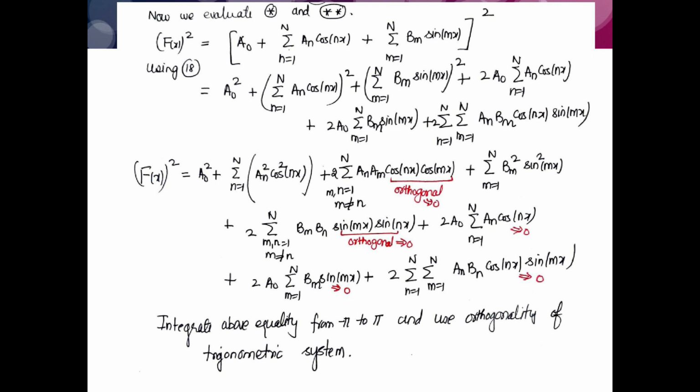I am rewriting this one as summation over m 1 to capital N bn sin mx, because on simplification we have to multiply cos terms and sin terms, and they can have different arguments, like cos x can be multiplied with sin x, sin 2x and other way also.